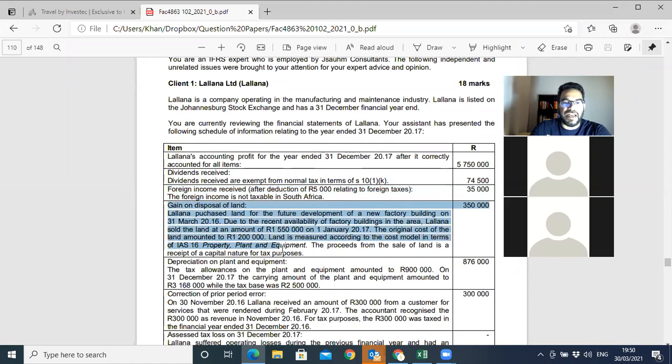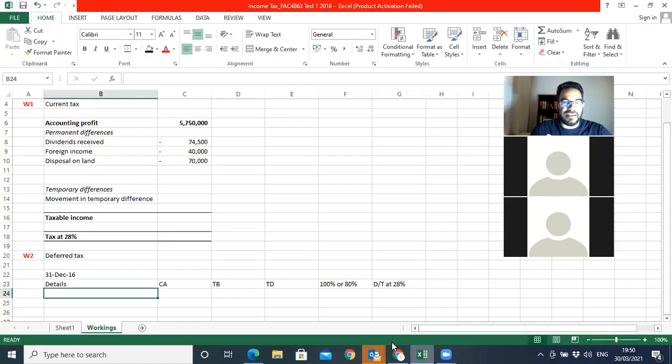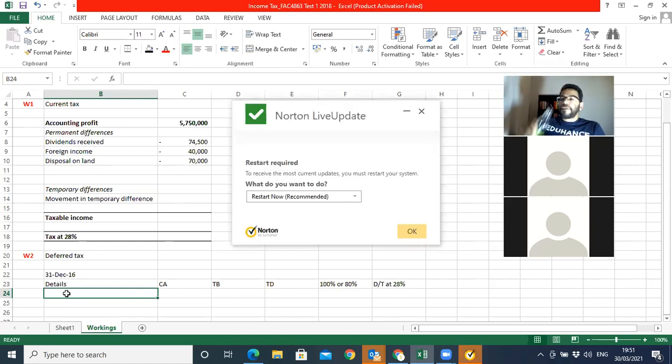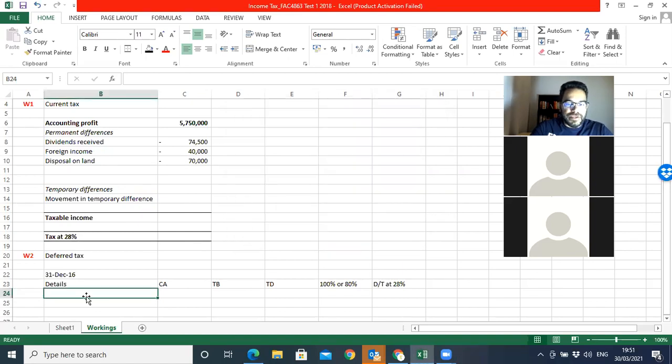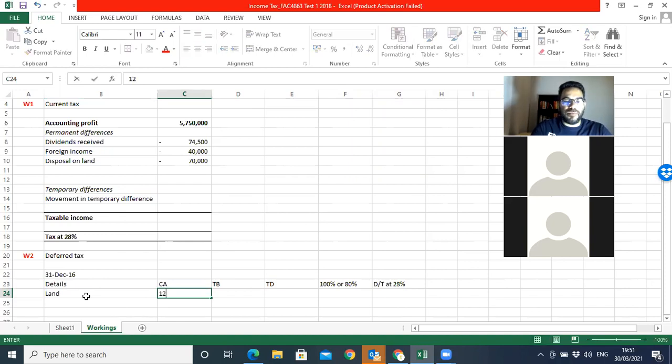They do mention an asset, no liabilities, but there is an asset, and the asset is land. So here we have land. They told us the carrying amount is 1.2 million.